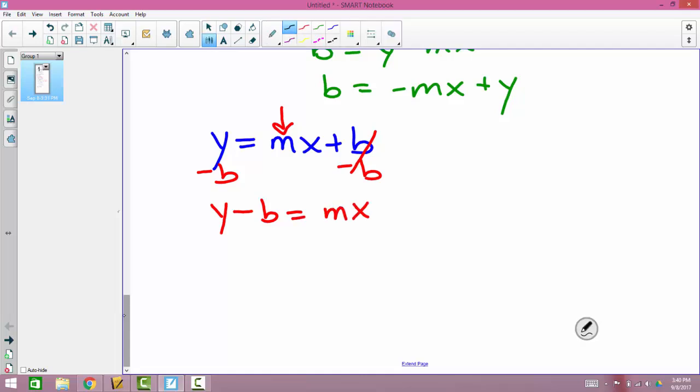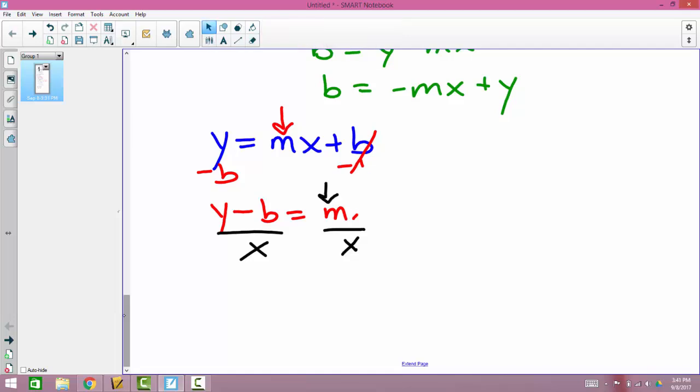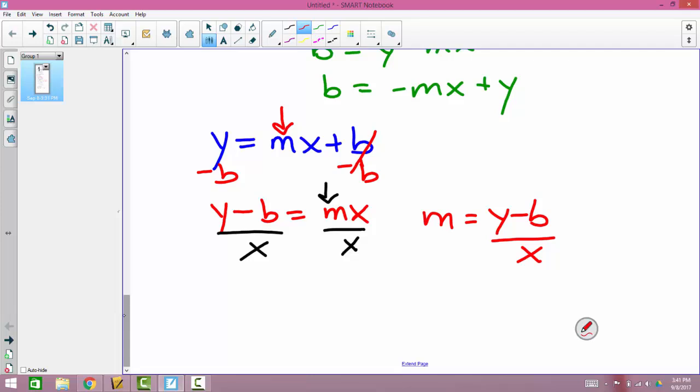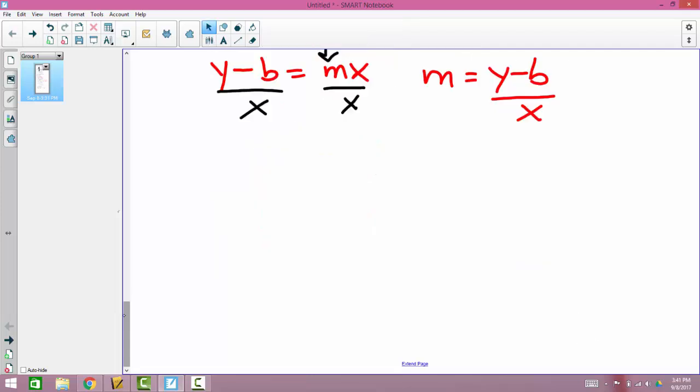And then your second step would be to divide by x because you're trying to get the m alone, not the x. So m would equal y minus b over x. We're going to do one more with that.